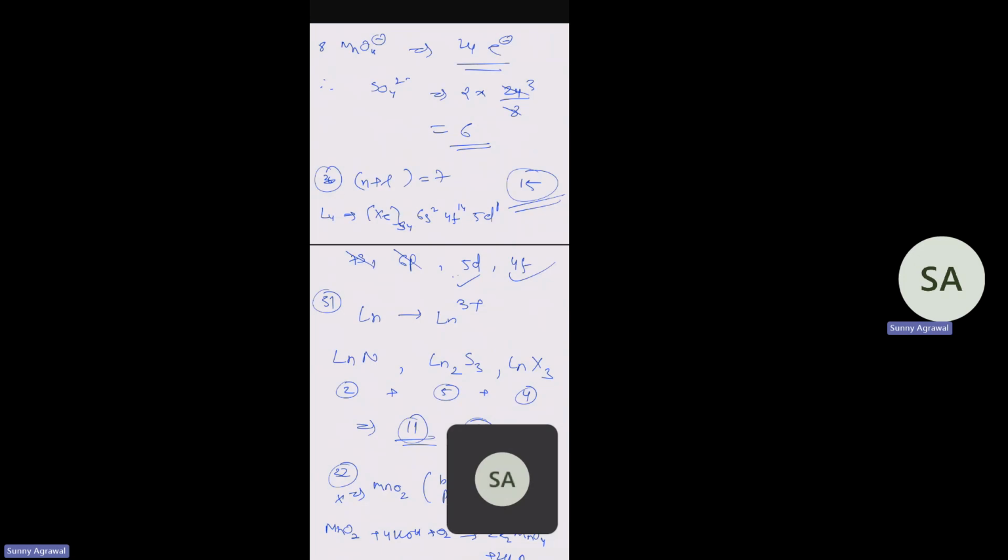Now, 7s is blank, or it is not filled with electrons for the configuration of Lu, so we will neglect it. 6p similarly is not filled with any electron for Lu, so we will neglect it. Whereas 5d and 4f have electrons in the configuration of Lu.